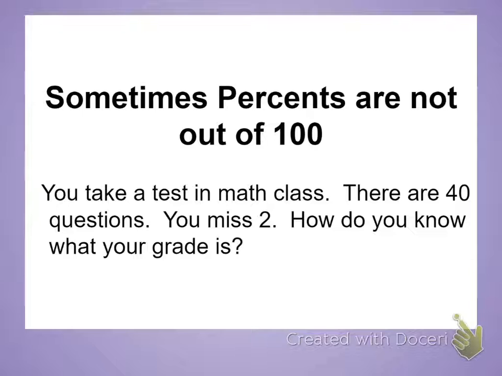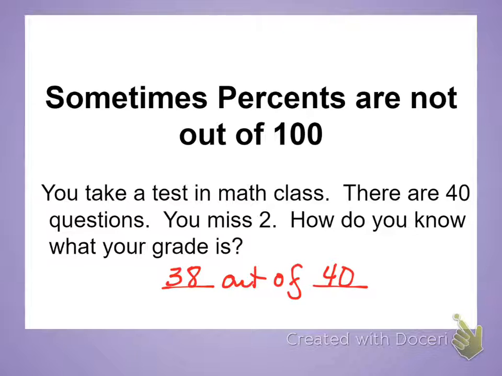How many did you get right? So you got blank out of blank. The second one is the easiest one to fill in. How many were there? 40. And how many did you get right? 38. So you got 38 out of 40 questions right. Does that make sense to you?